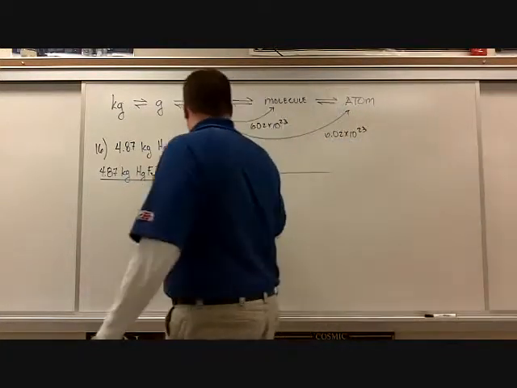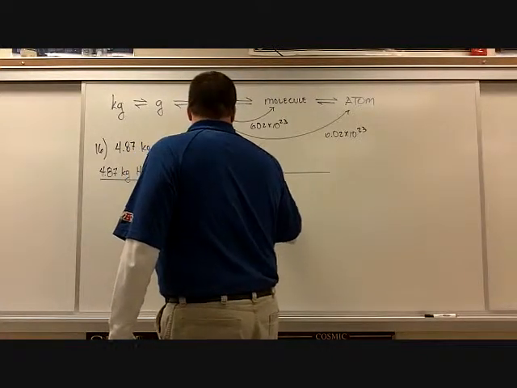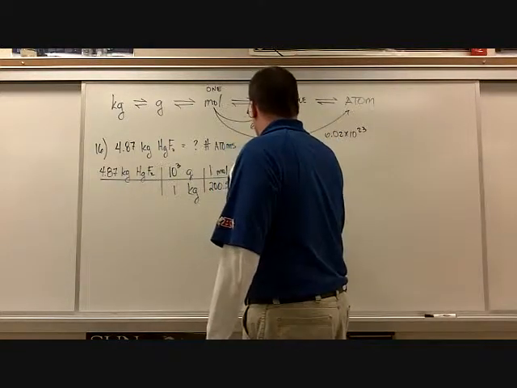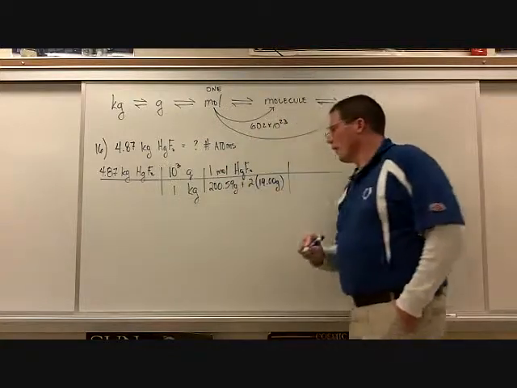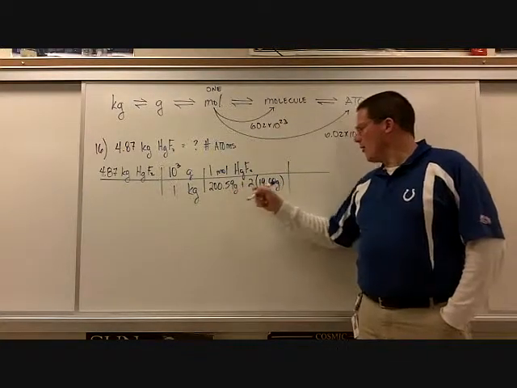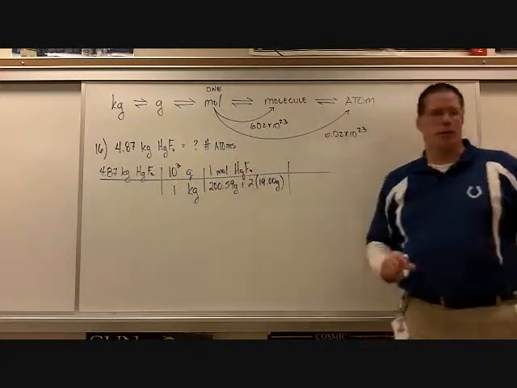So mercury has a mass of 200.59, right? And then fluorine, we have 2 of those, so times 19 grams. So now, if we add these masses together, they'll cancel, grams will go away, and we're left with moles.